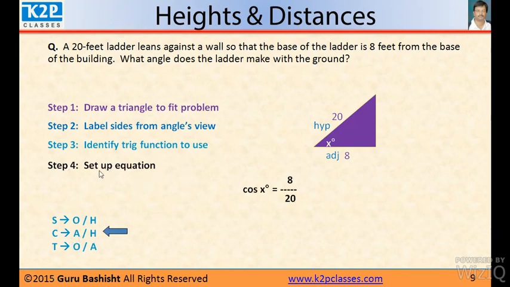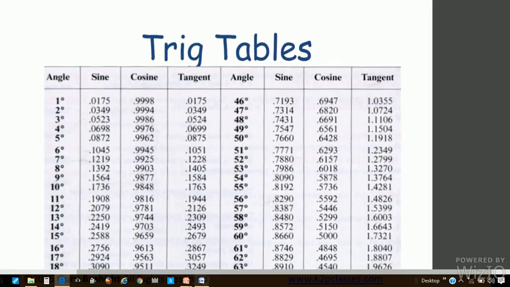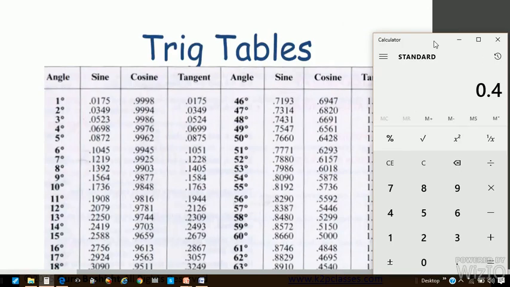The fourth step is to set up the equation. Cos x degrees is 8 by 20. So what is the value of 8 by 20? If we use a calculator, 8 by 20 is 0.4. So we have to look for 0.4 in the cos table. Okay.